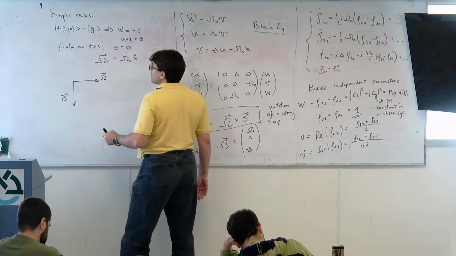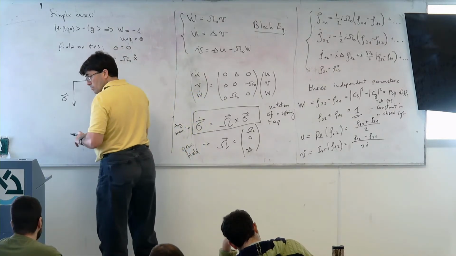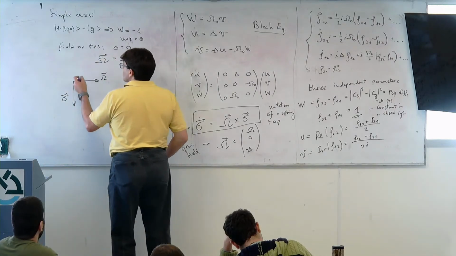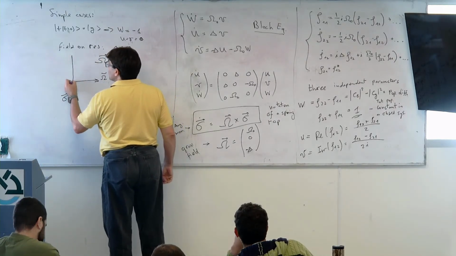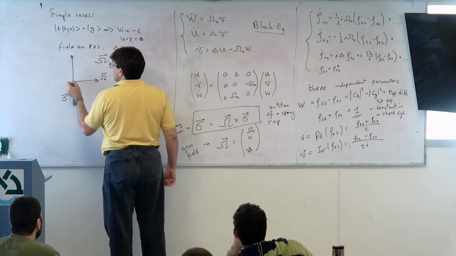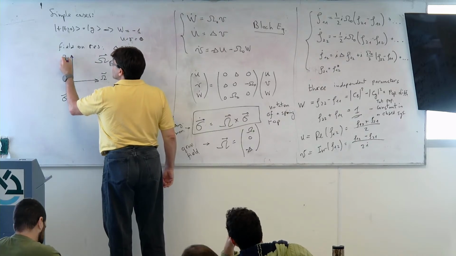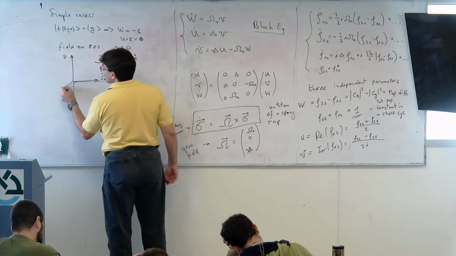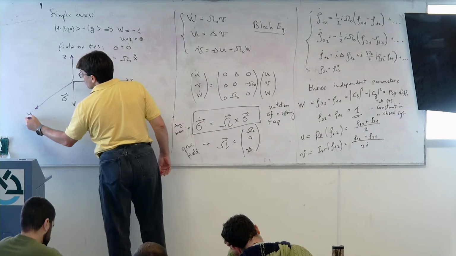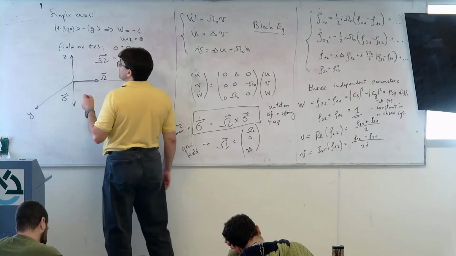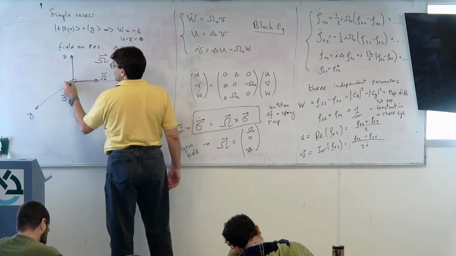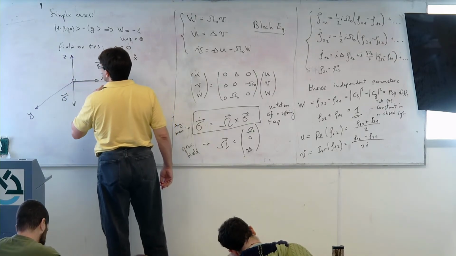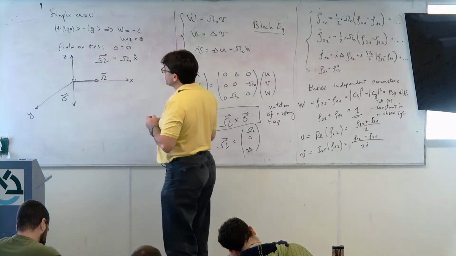And then, so now we need directions in space. So we have, that would be the Z direction, that would be the X direction, that would be the Y direction. And then what will it do?